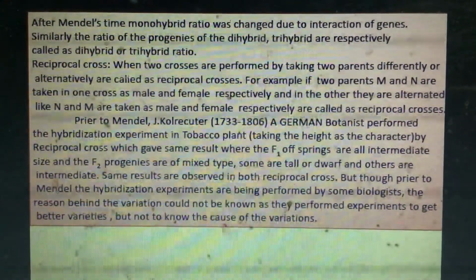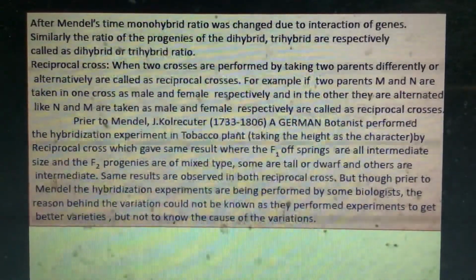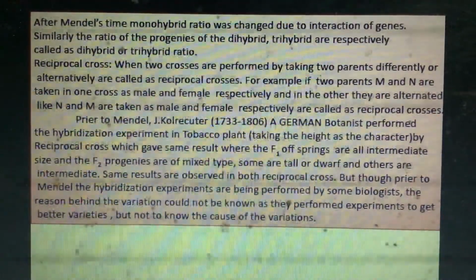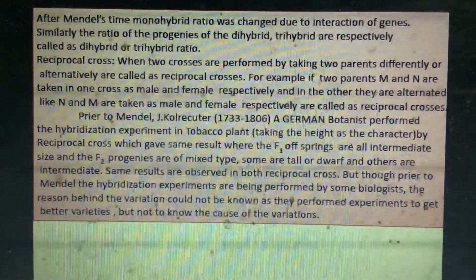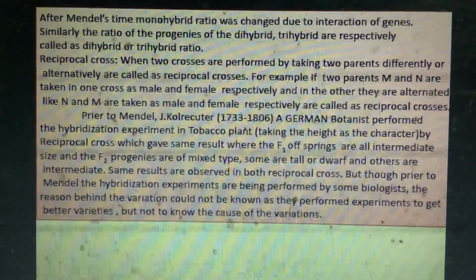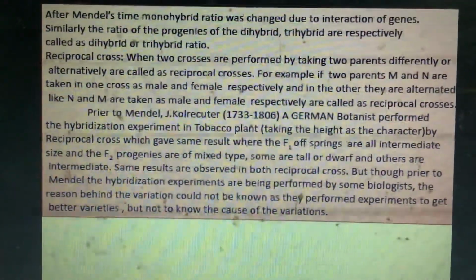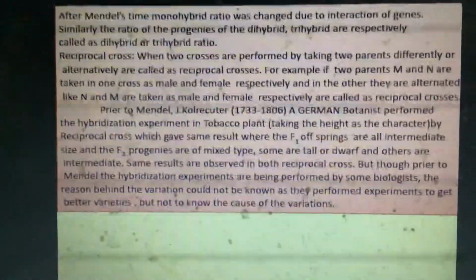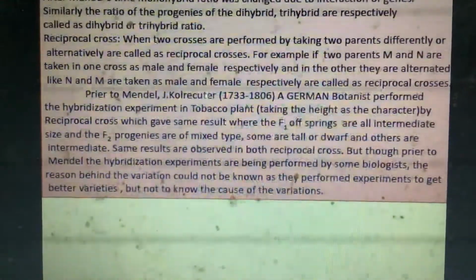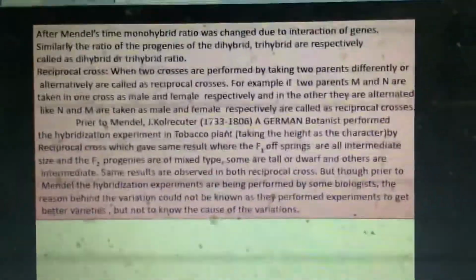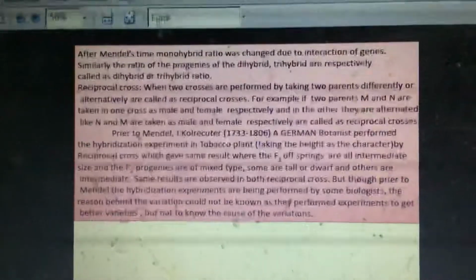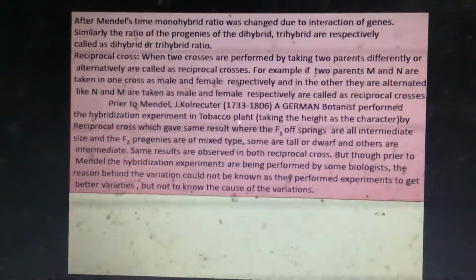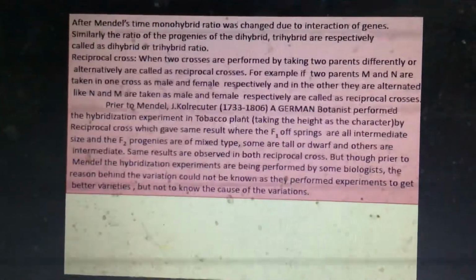That is the reciprocal cross performed by J. Kohlreuter and some others, also Darwin, etc. But they performed the experiments to get better varieties, rather than to know the cause of the variation.